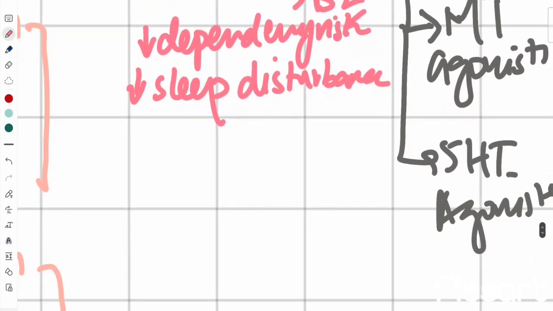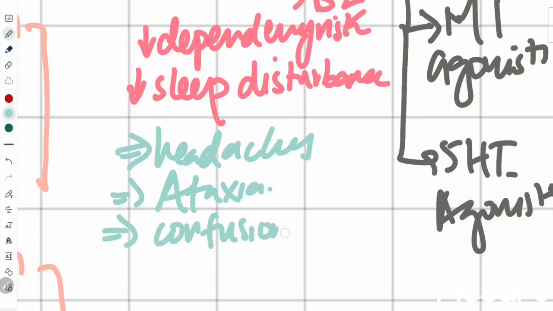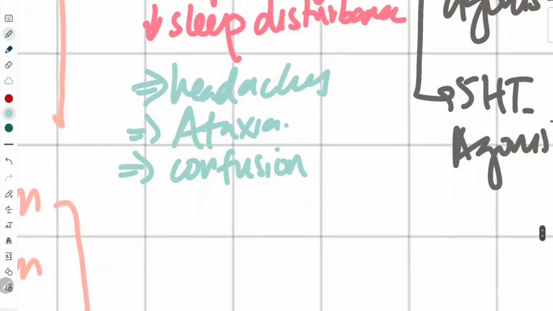Some of the adverse effects for this is you can have headaches. Why not? Yeah. And ataxia. Confusion can be there. And very rarely, it can also cause psychomotor depression.